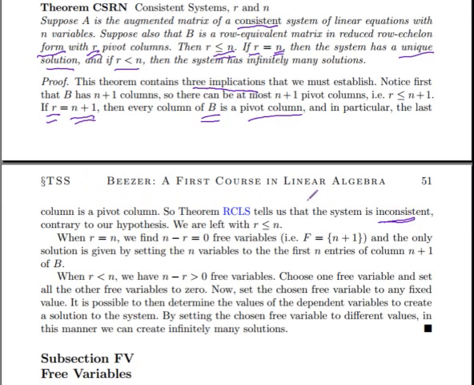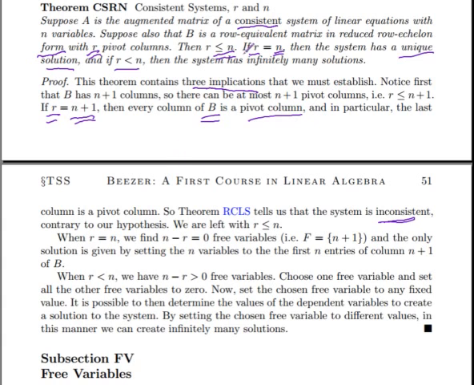So we've shown that in order to have a consistent system, it's not possible to have n plus 1 pivot columns. We've actually shown the contrapositive again. We've shown that if there are n plus 1 pivot columns, then the system is inconsistent. That's the same thing as showing that if the system is consistent, it cannot have n plus 1 pivot columns. In particular, it must have less than or equal to n pivot columns.